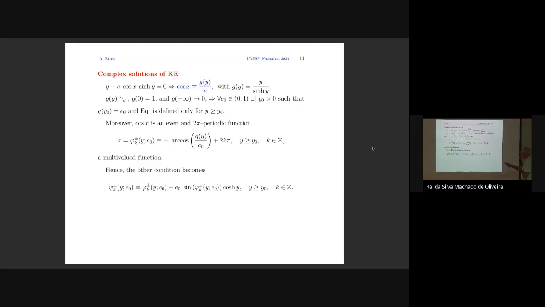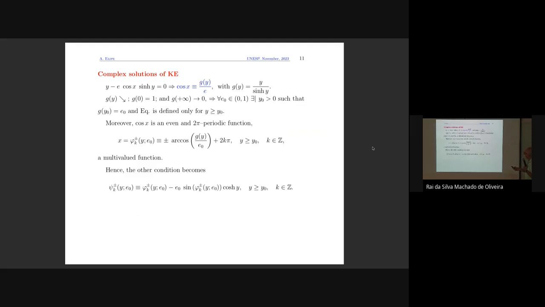Also, it's well known that the cosine is an even function of period 2 pi, so that complicates a bit, because if we restrict only to the interval 0 to pi, there will be only that, but we have to carry on all these 2k pi, okay? Will be a solution, plus 2 pi, plus 4 pi, so that means that we have a multivalued function.